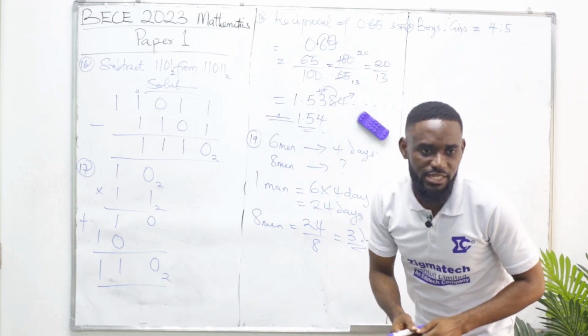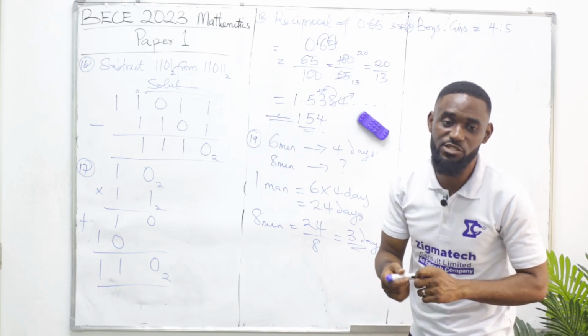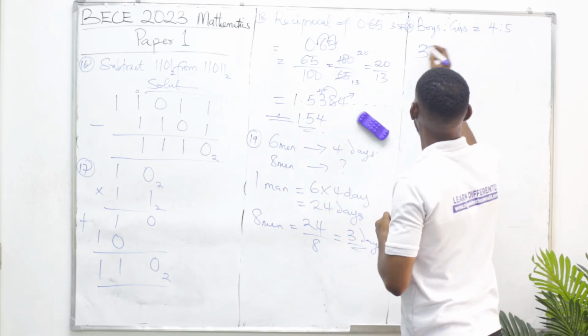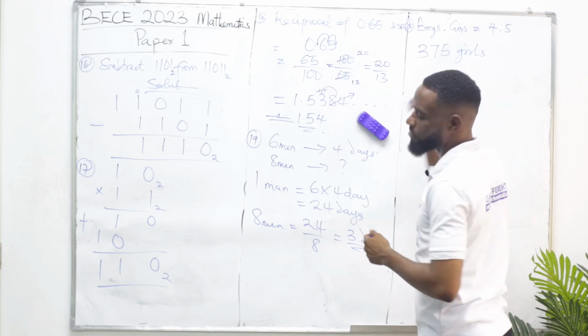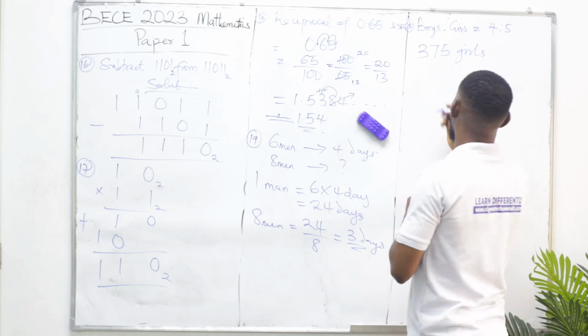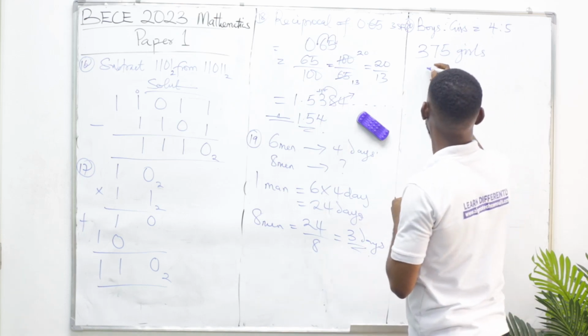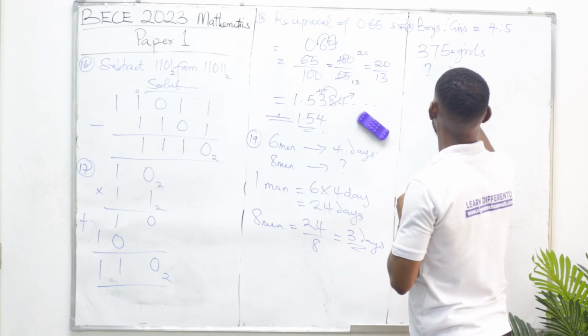They said if there are 375 girls in the school, now they're asking, how many are the boys? How many is equal to boys?